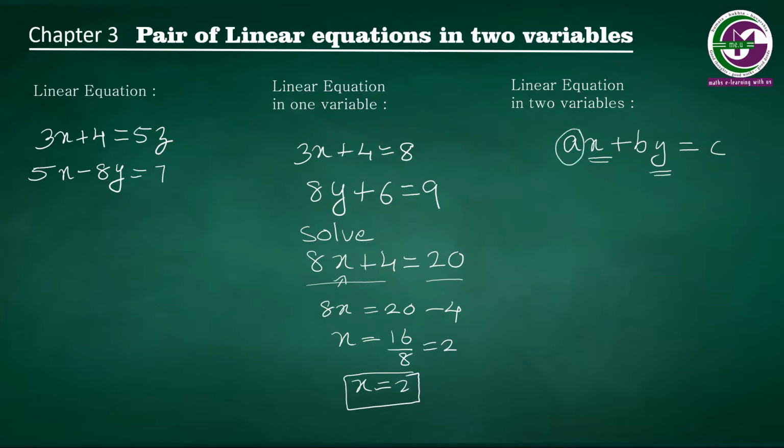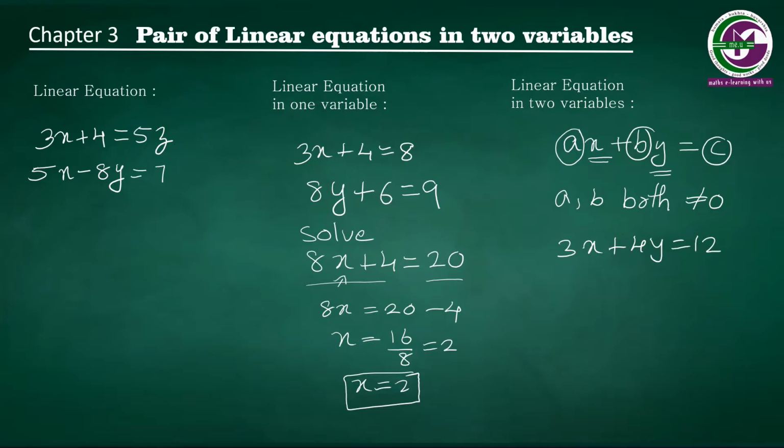Here a, b, c are constants, with the condition that a and b both should not be equal to 0. Examples of linear equations in two variables are 3x plus 4y equals 12.